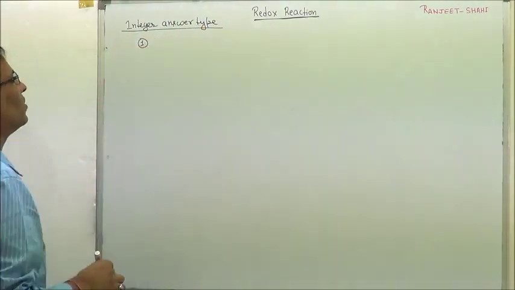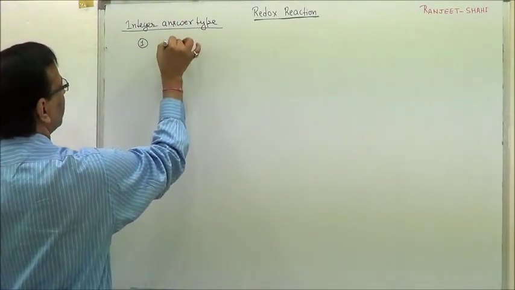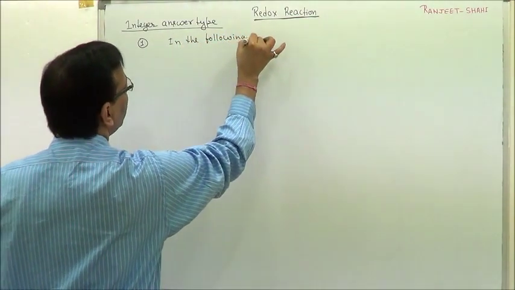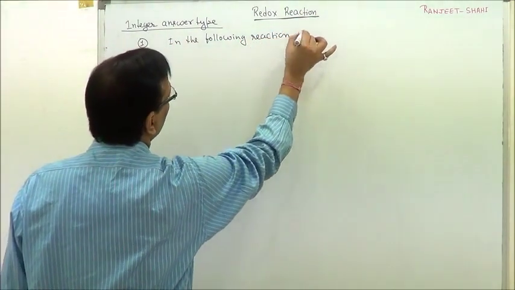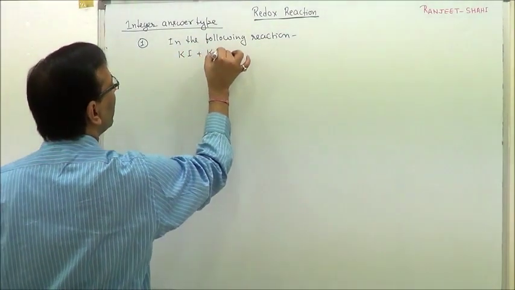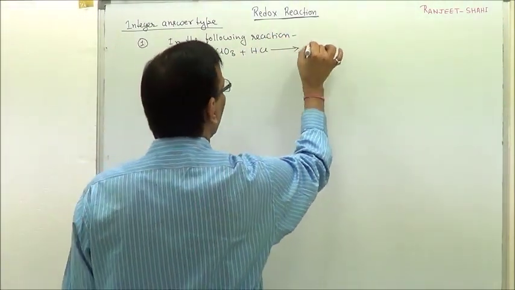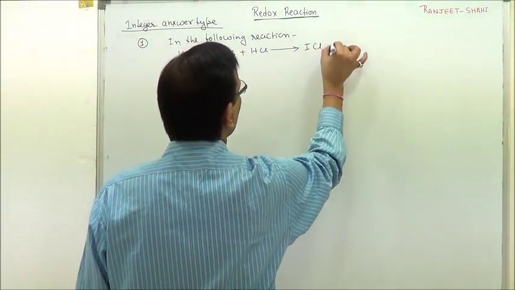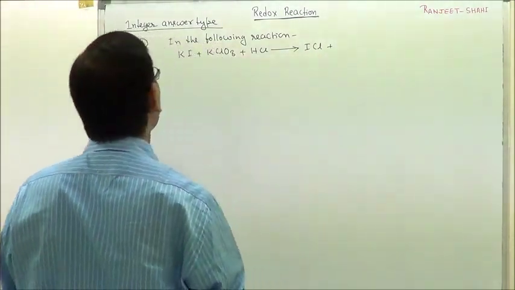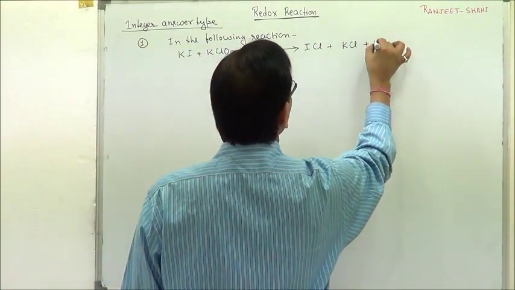The first question of this category is: in the following reaction, KI plus KClO3 plus HCl giving ICl plus KCl plus H2O.